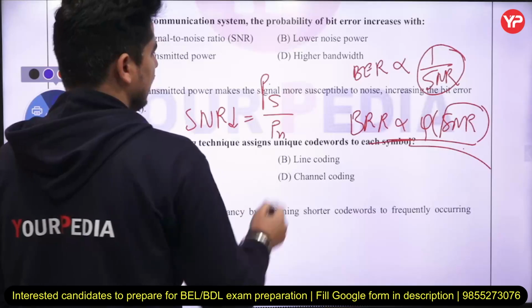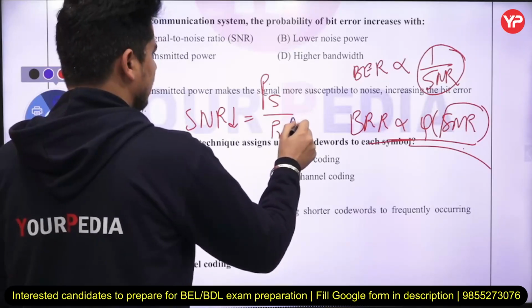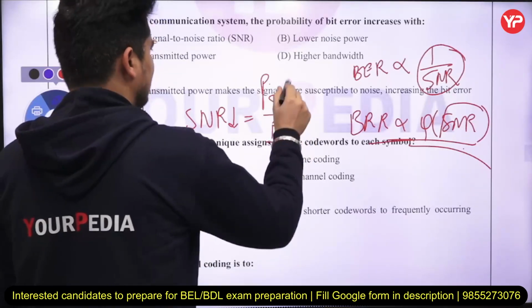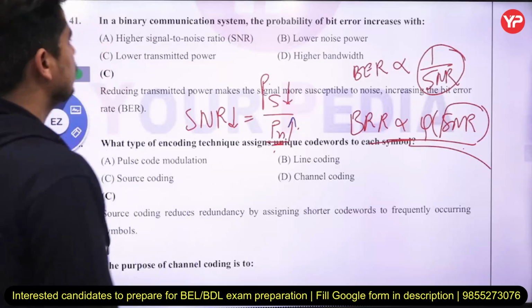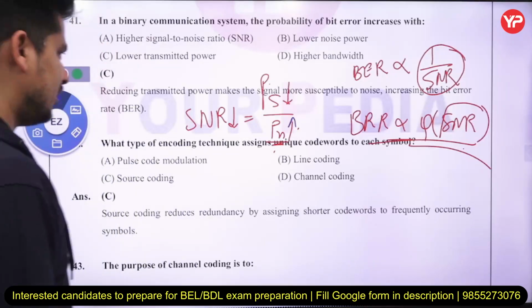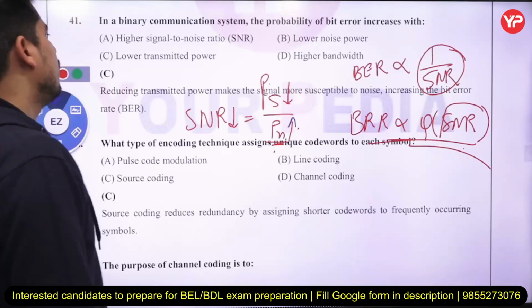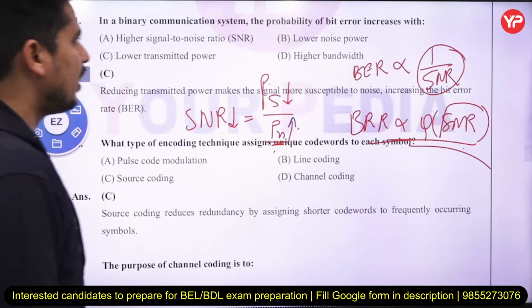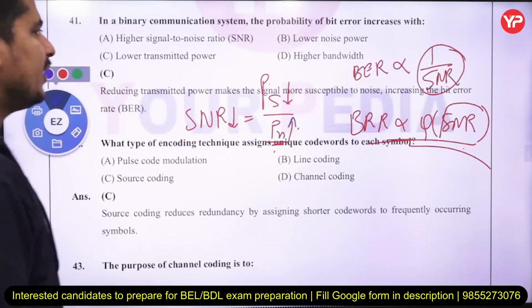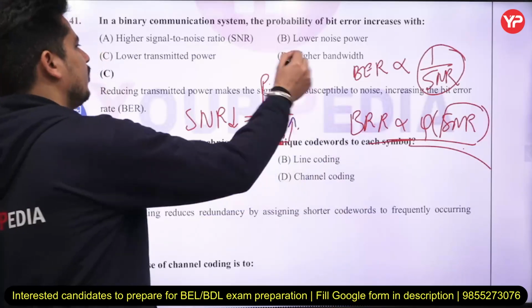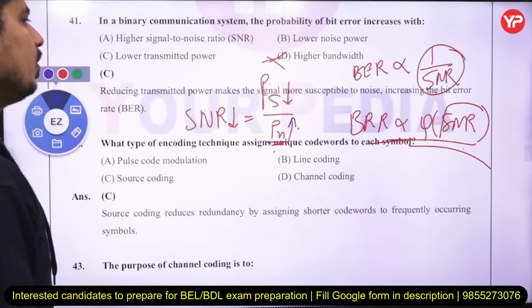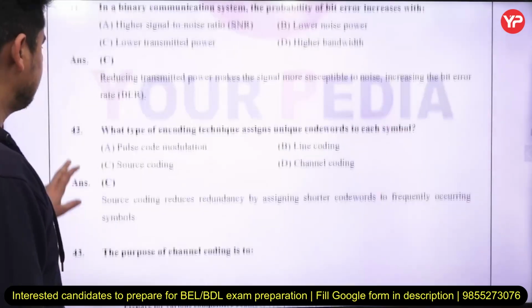So there are two things: either we can increase the noise power, or we can decrease the signal power. Higher SNR, no, SNR should be decreased. Lower noise power, no, noise power should be increased. Lower transmitting power, that will be the answer. Higher bandwidth, the bit error rate will not depend on the bandwidth. It only depends on the SNR.